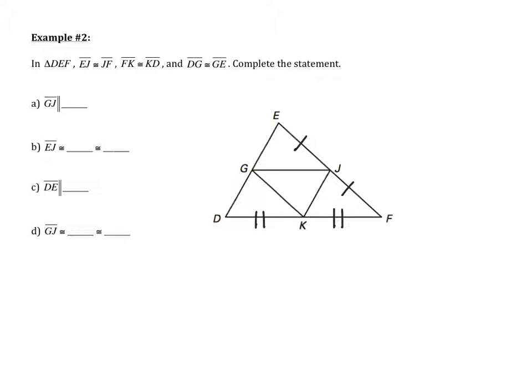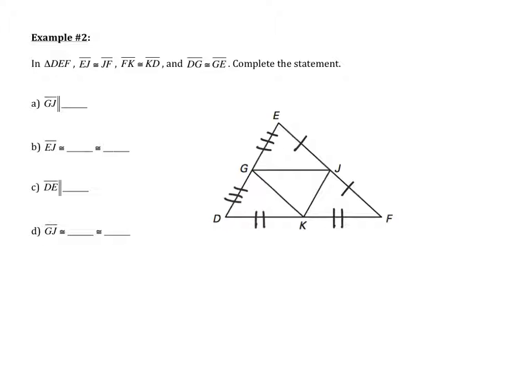And DG is congruent to GE, so these two segments are congruent. That tells me that points G, J, and K are all midpoints of the triangle's sides. So therefore, GJ, GK, and JK would all be midsegments of the triangle since they are segments that connect two midpoints inside of the triangle.